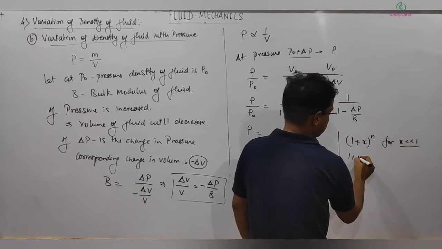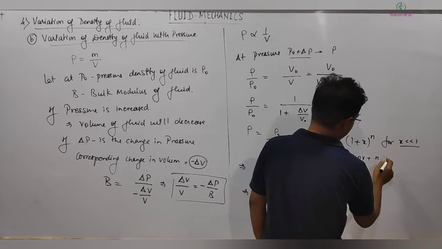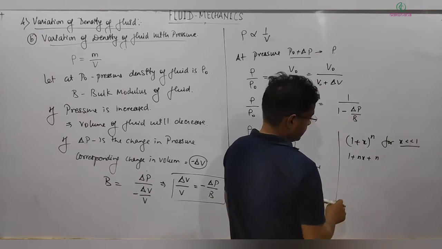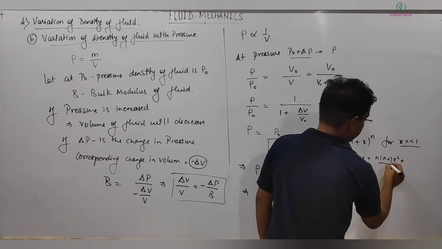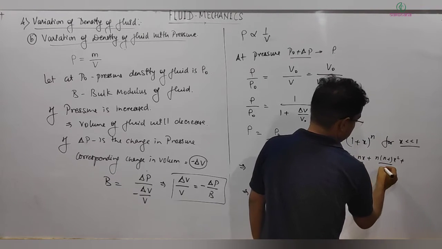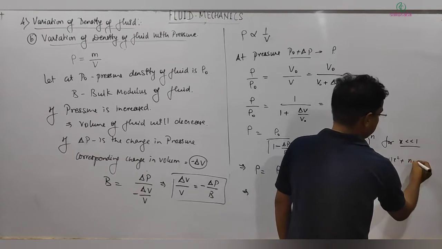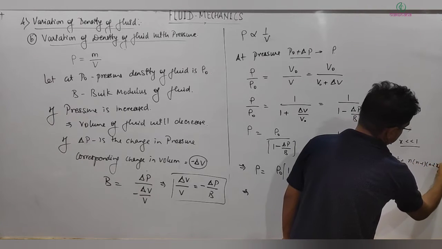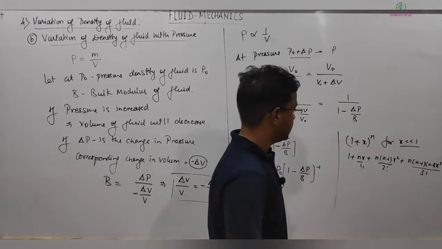This is 1 plus nx plus n into n minus 1 into x square by 2 factorial, plus n into n minus 1 into n minus 2 into x cube by 3 factorial, and so on.